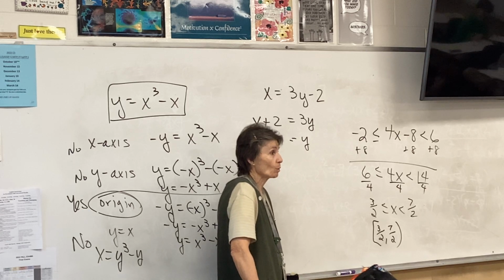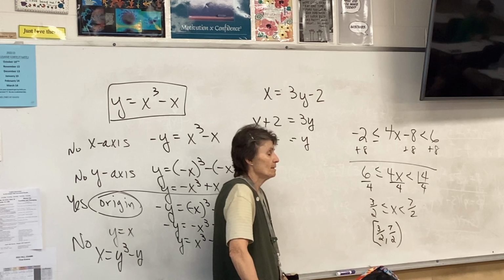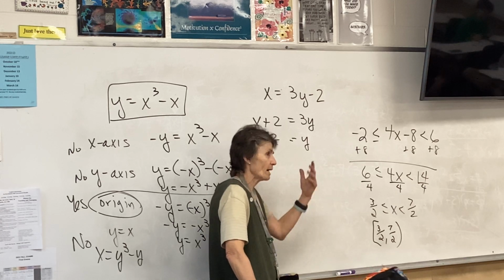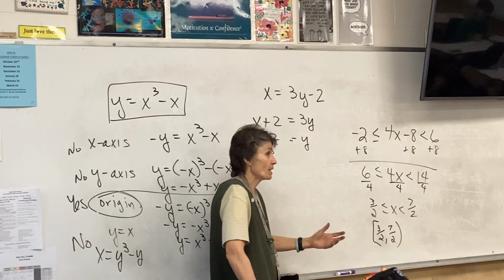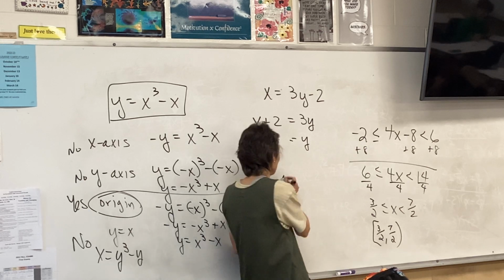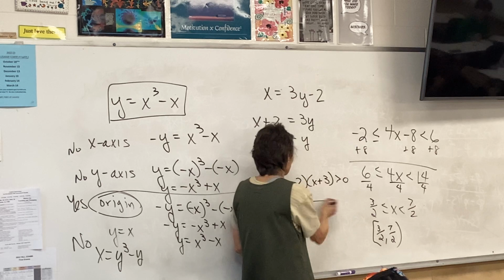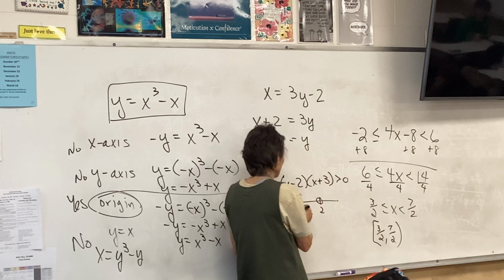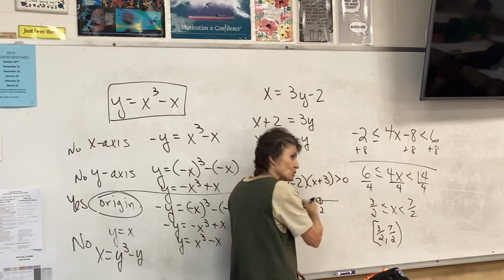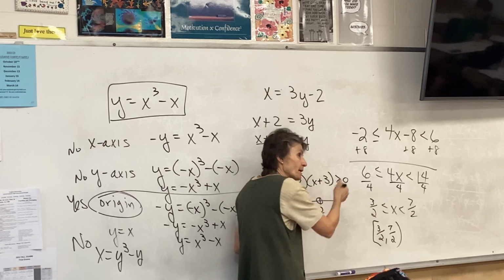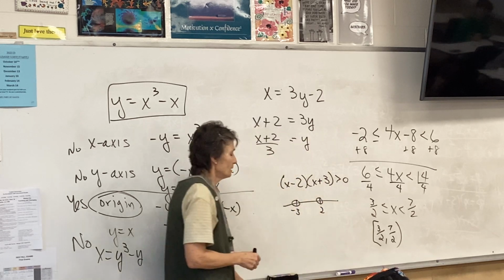Some of the problems probably require you to look at a number line, with a weird shape like this quadratic inequality. You have to solve this. You're going to have dots on the number line, 2 and -3, and then you have to figure out where to shade by plugging in numbers or something else.